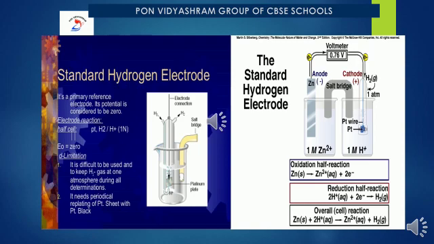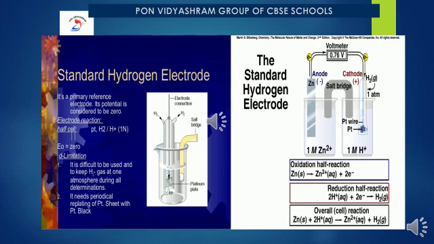Now, we will talk about the important point. At 298 Kelvin, the EMF of the cell is measured with a second half cell constructed by taking the standard hydrogen electrode as anode and the other half cell as cathode. Okay.